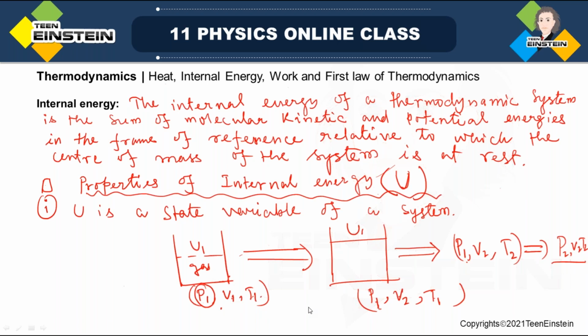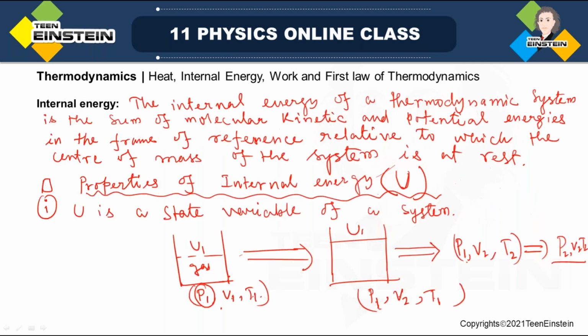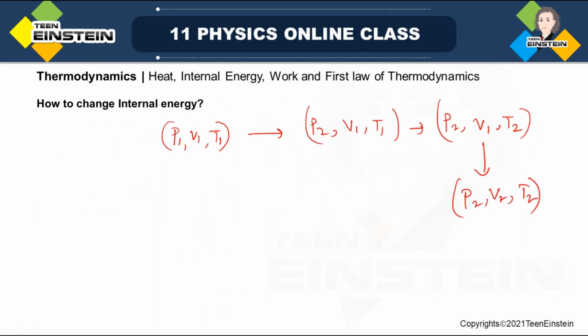Rather, it depends on the final state. If we arrive at the final state P2, V2, T2 in both cases, in this way I'll have the internal energy U2 at last, and here also we'll have internal energy U2. Both ways it will be the same.